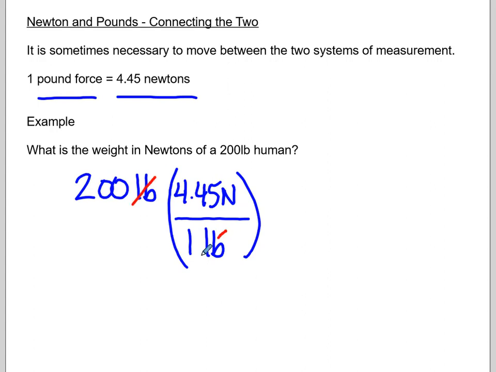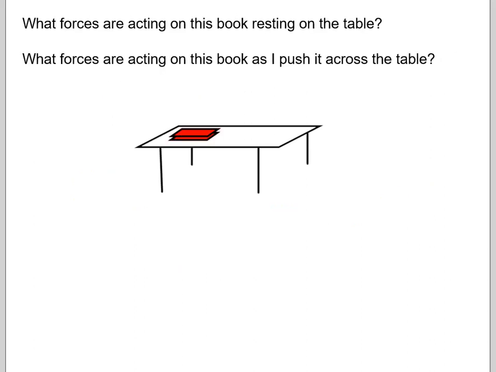The pounds cancel, and all I have to do to get my new converted unit is multiply 4.45 times 200, and I get 890 newtons. So a 200 pound person is about 900 newtons, just to give you some gauge. So there's one of our first connections for linking newtons to day-to-day life.